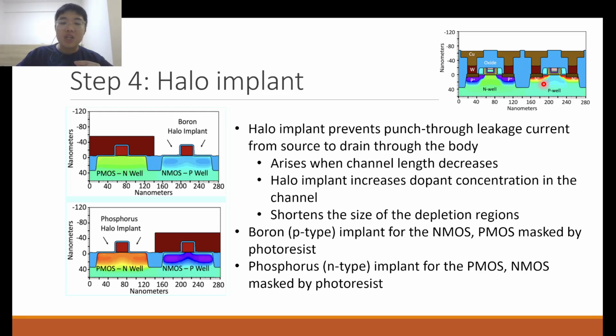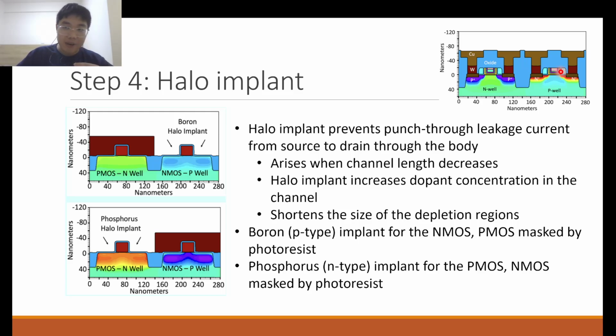When your channel length gets smaller and smaller, which is the trend in more and more advanced technologies, the depletion regions at the source and the drain tend to overlap.